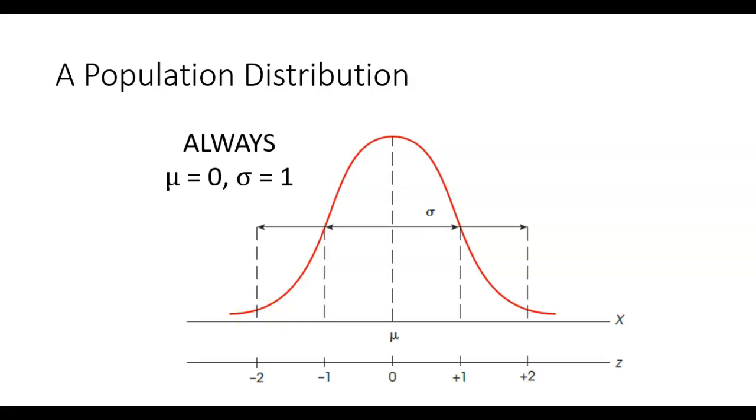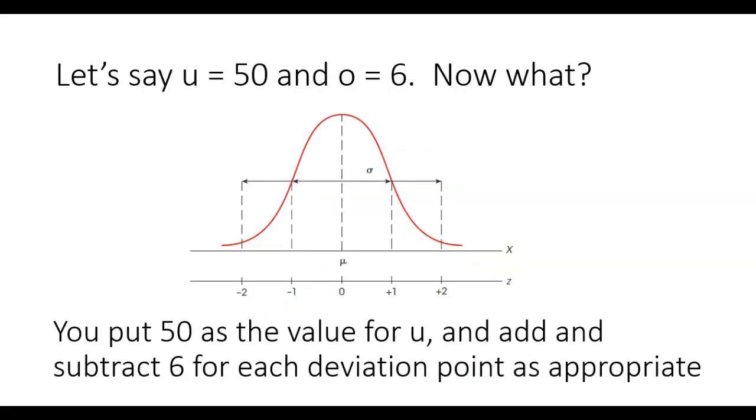Now, what if you have a question where it's telling you that the mean of the distribution is 50 and the standard deviation is 6? Well, now what? Well, we can use that information to get z-scores and x-scores, and we can even reverse it back. If we're given an x-score, we can use that x-score to figure out the mean or the standard deviation, given that we know some values.